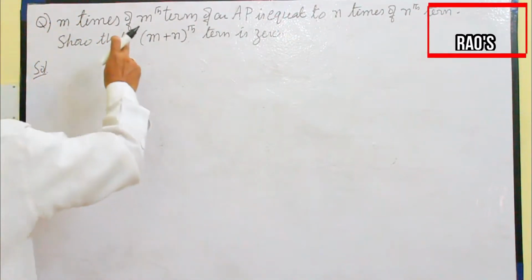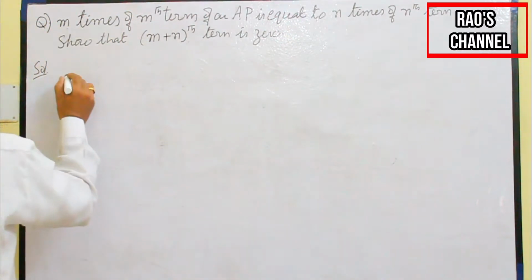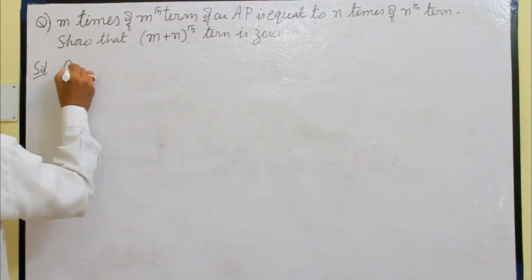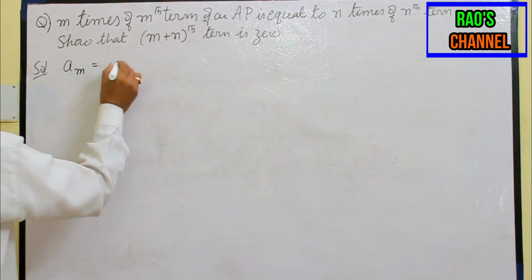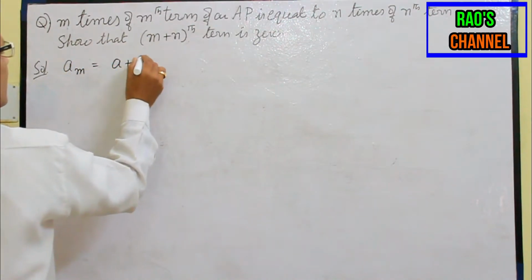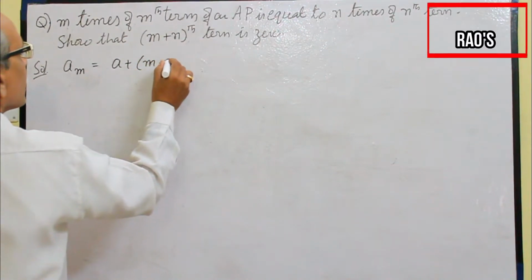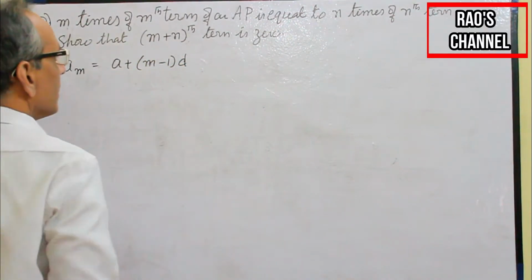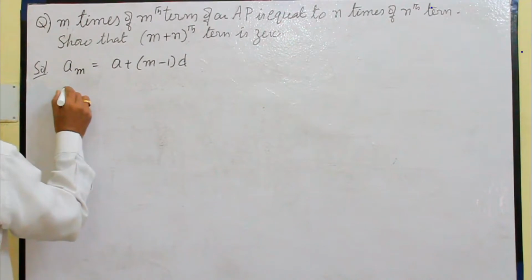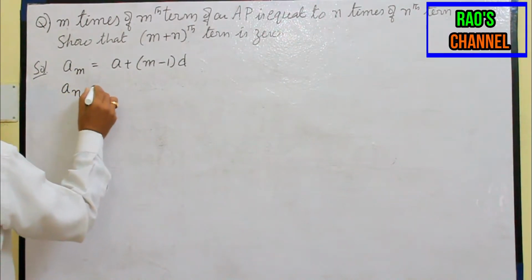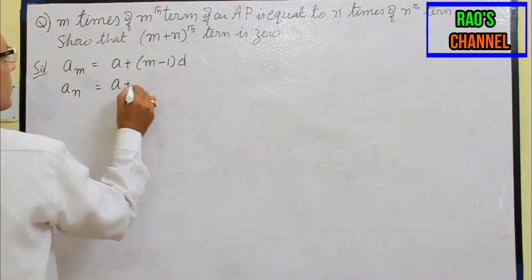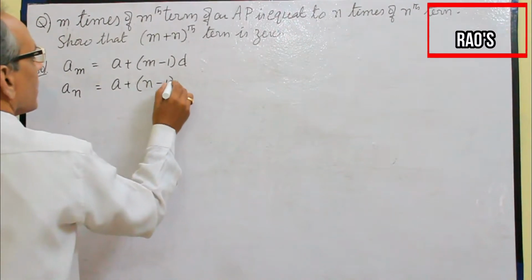First, let's define the nth term. The mth term is A plus (m minus 1)d. The same way, I define the nth term as A plus (n minus 1)d.